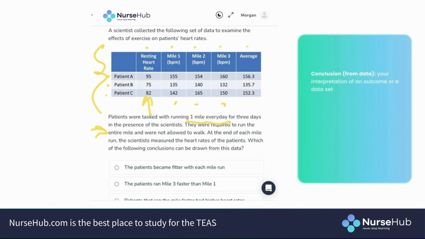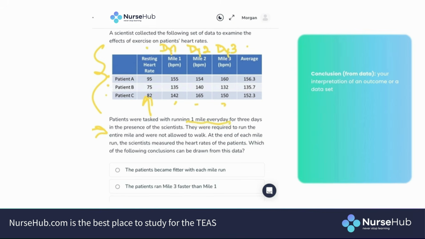So now I understand that they ran mile 1 on day 1. On day 2, they ran mile 2. And on day 3, they ran mile 3. They're running 1 mile per day. They're not running 1 mile and then 2 miles and then 3 miles, right? So now let's see what information can be drawn from this data.